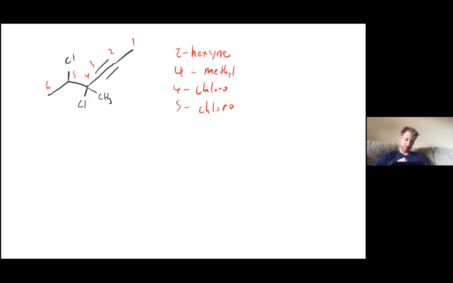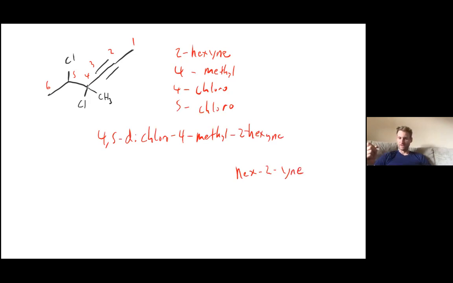C comes before M, so 4,5-dichloro-4-methyl-2-hexyne. And like with a double bond, you could also write this as hex-2-yne. Either way is fine.